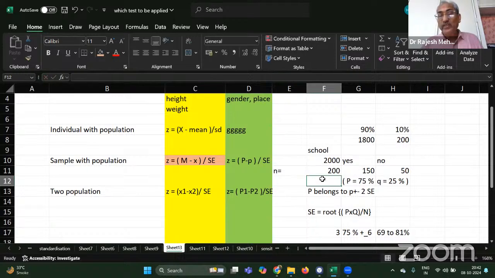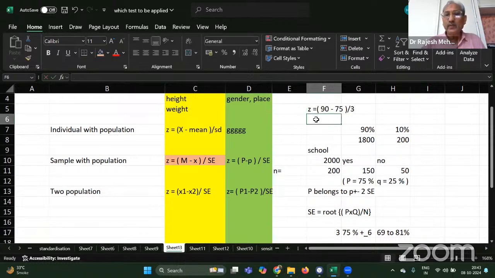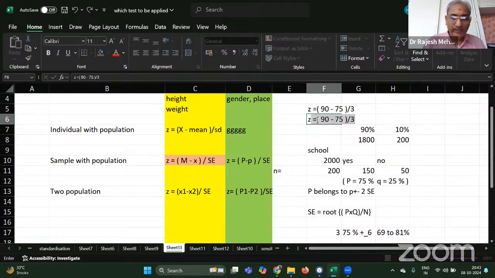Now, to find out whether this sample belongs to the population or not, whether this is a biased sample or not, you need to apply the Z test. And this Z is equal to 90%, the population proportion, minus the sample proportion 75%, and the standard error of proportion is 3. So now Z is 15 upon 3, so Z is equal to 5.